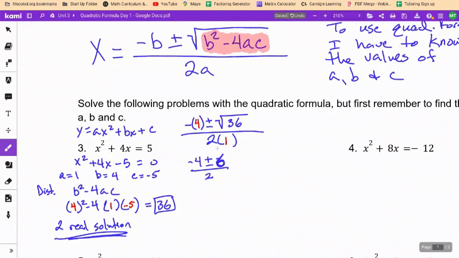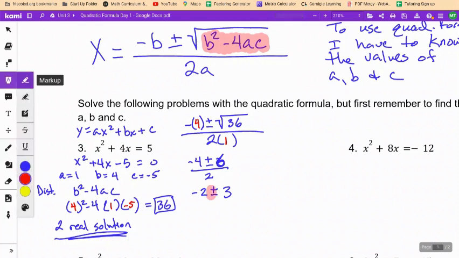Now this is essentially saying negative 4 divided by 2 and 6 divided by 2. So now we have negative 2 plus or minus 3. When I simplify that, I divided both terms by 2. Now let me talk about this plus or minus.